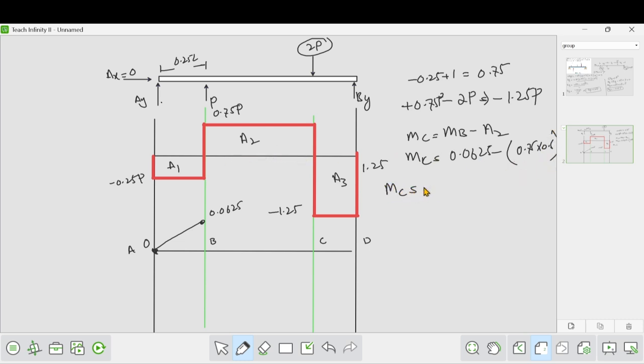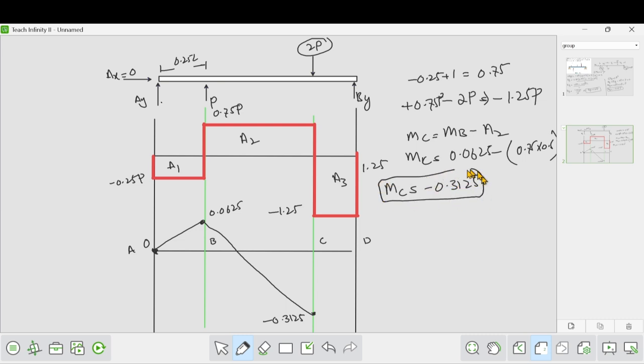So negative into 0.75 multiplied by 0.5 gives negative 0.3125. Okay, so moment at point C is negative 0.3125.